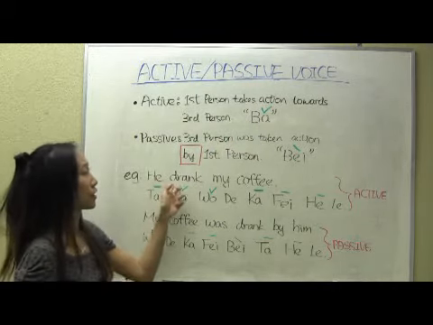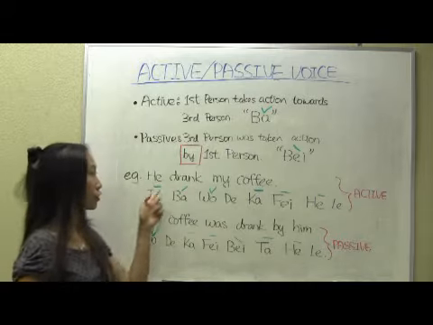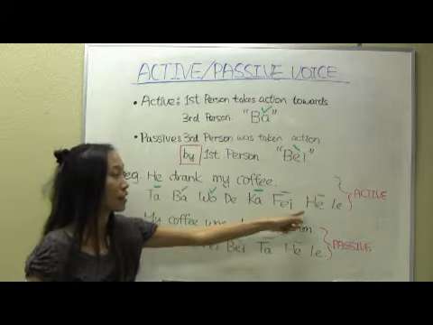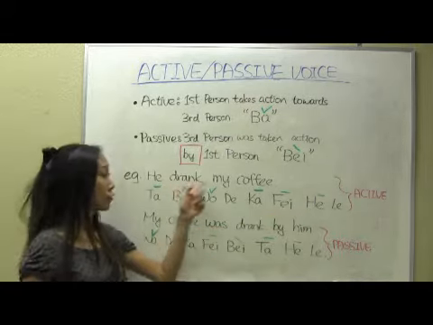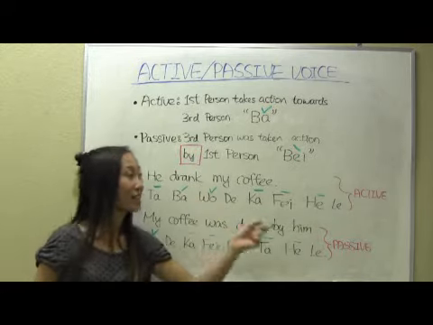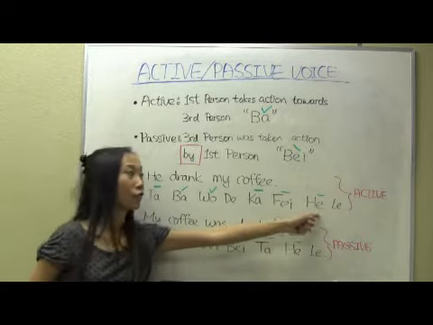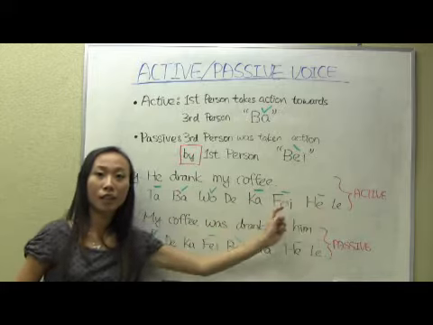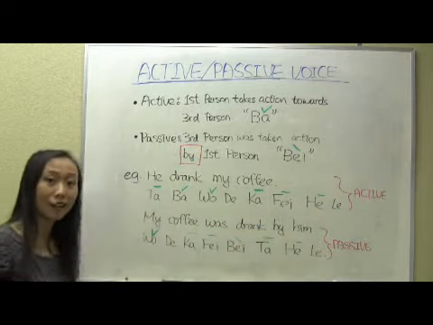And the action is drank. To drink in Chinese is 喝, but since it is a past tense, we add the 了 after the verb, so 喝了 will be our action here.